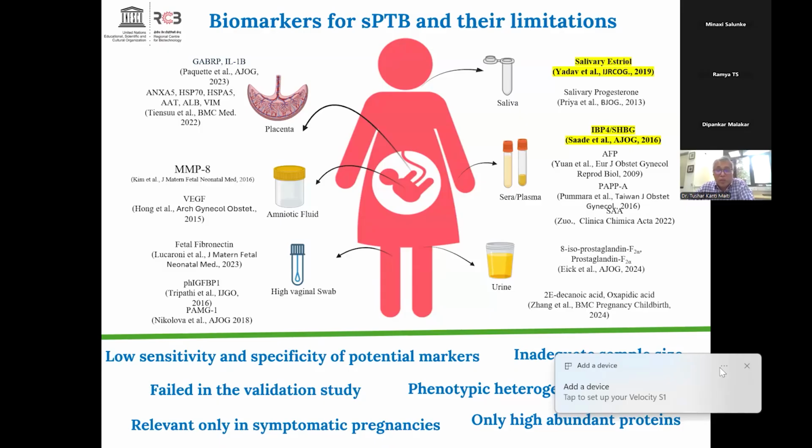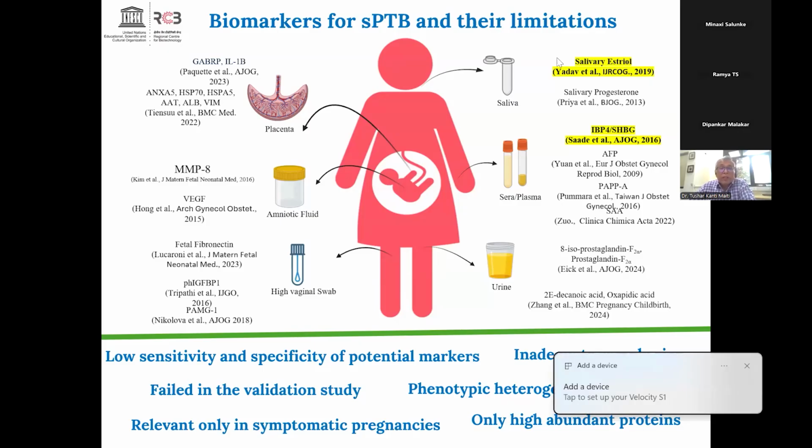And most of the identified markers represent the symptomatic pregnancy. The identified proteins are largely based on high abundant proteins, because these proteins were detected earlier in the earlier mass spectrometry workflow, which could largely identify or quantify only the high abundant proteins.